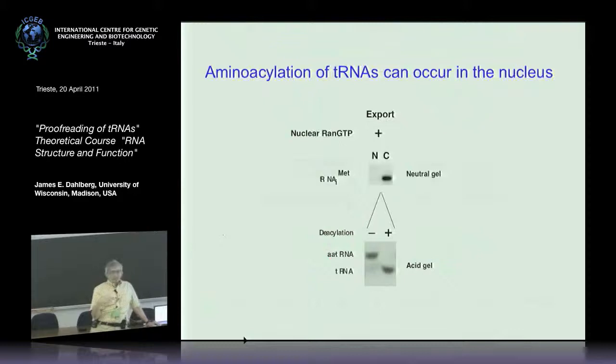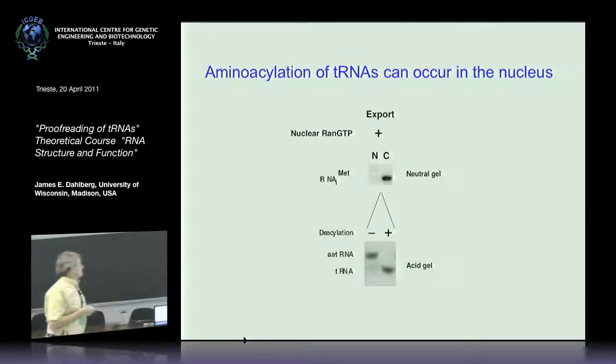What that would predict is that there would be some kind of aminoacylation of the tRNA in the nucleus to allow for its monitoring. And so we asked whether tRNAs can be aminoacylated in the nucleus, and this is the kind of experiment we did on that. This is looking at tRNA met-I.